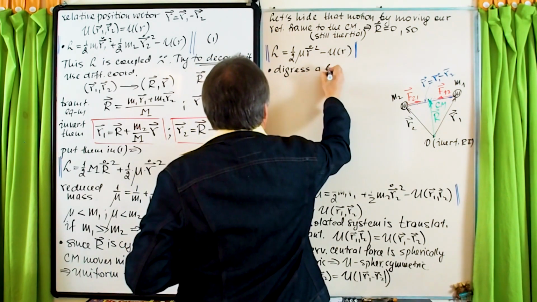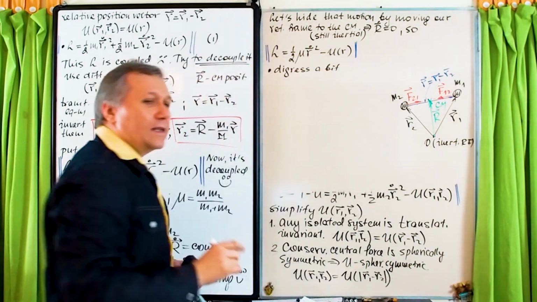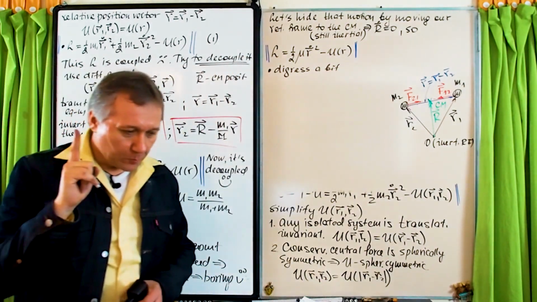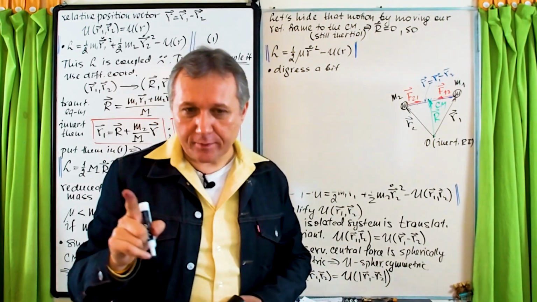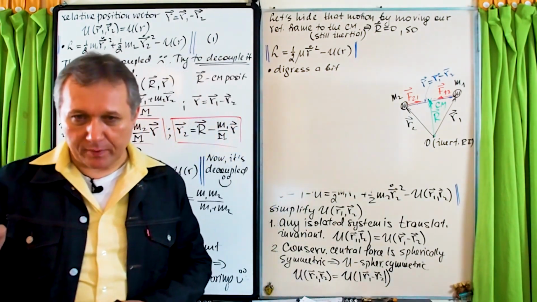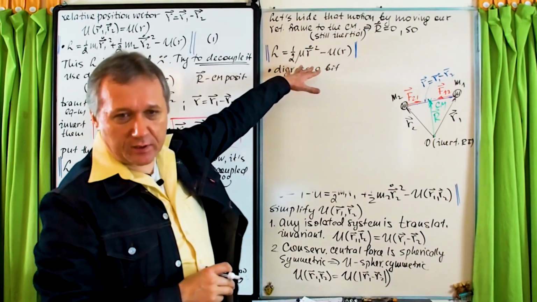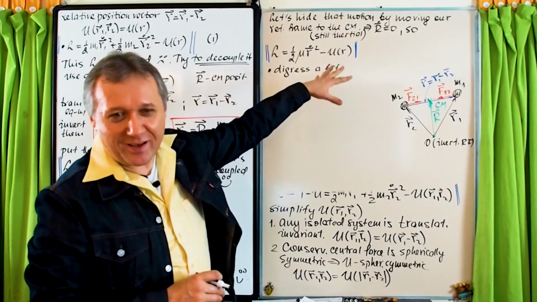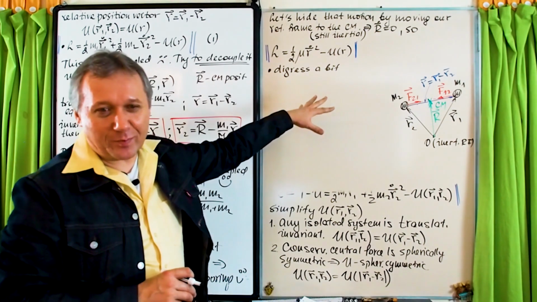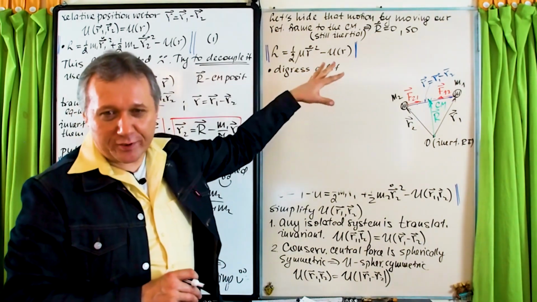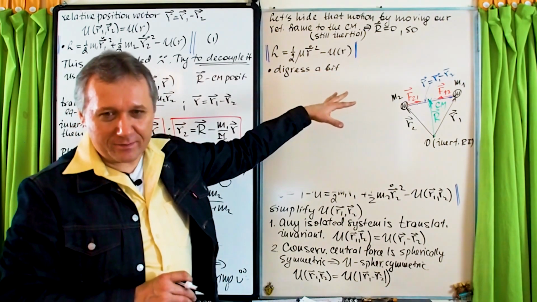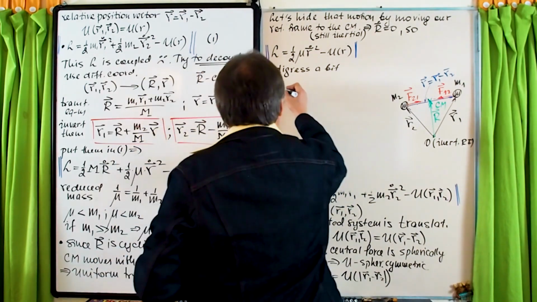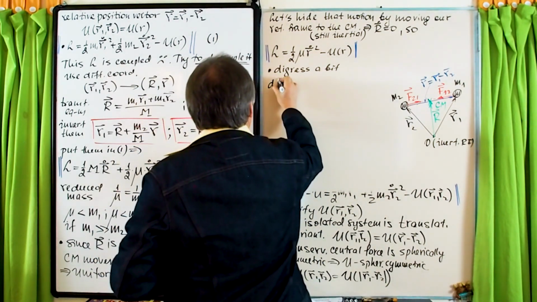So let's digress a bit. Let's look at the dynamics of the angular momentum. So now we basically have a single particle in our system, right? Of course, fictitious particle, single particle with the mass of the reduced mass, right? Okay, so now let's look at dL.